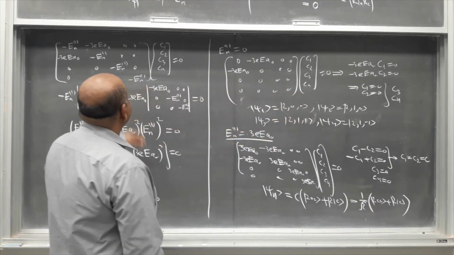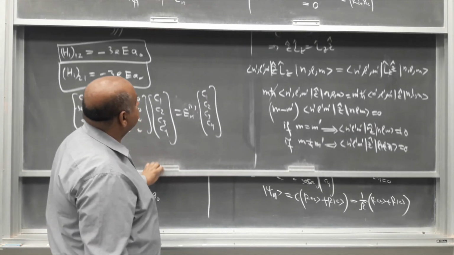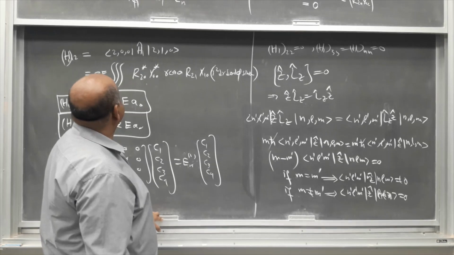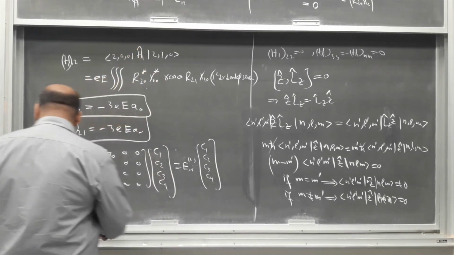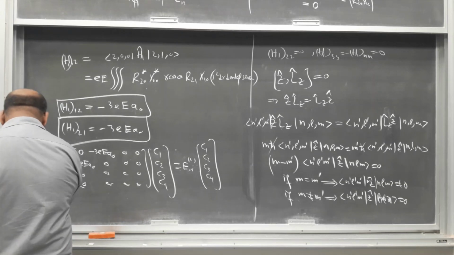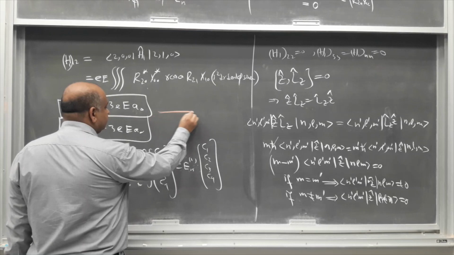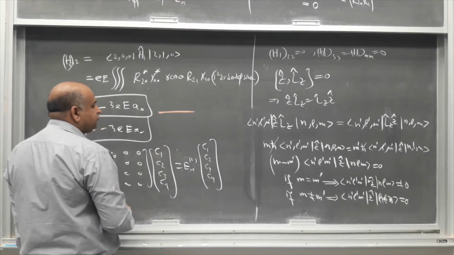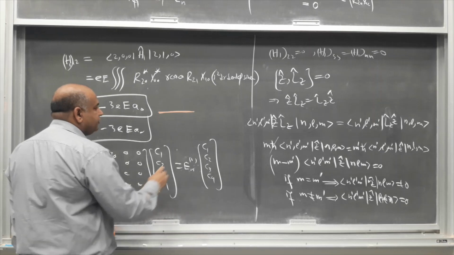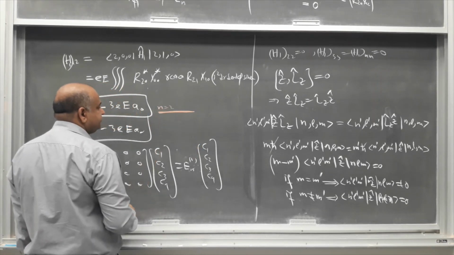So if I summarize this, before we turned on the electric field, we had 4 states and all of them had the same energy. But once we turned on the electric field, this is the n is equal to 2 state.